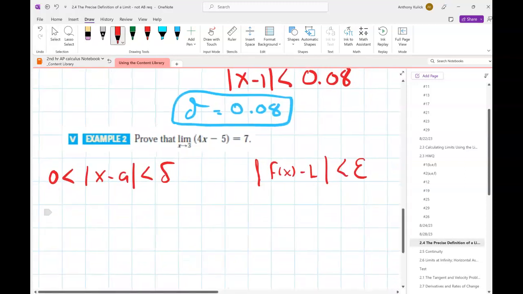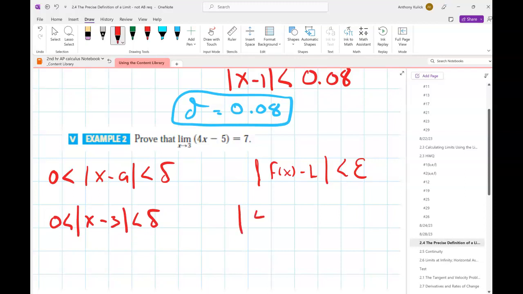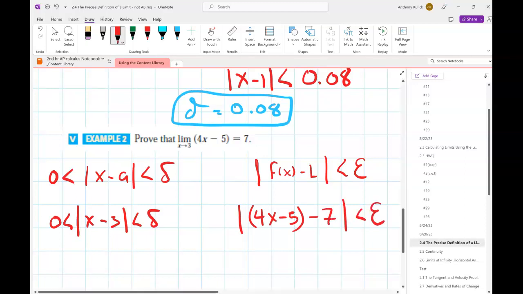So let's fill in our values for a, which is 3, for f of x, which is 4x minus 5, and L, which is 7. So far, so good. Okay.